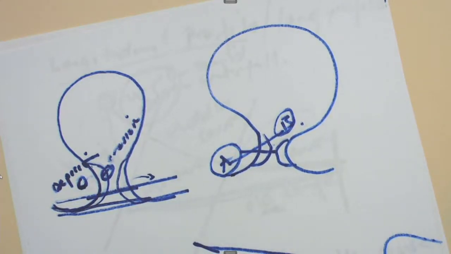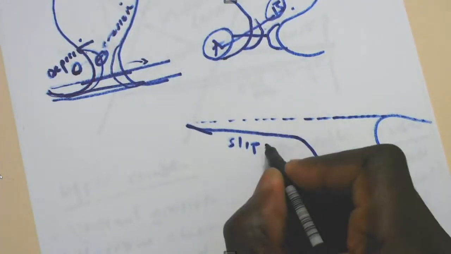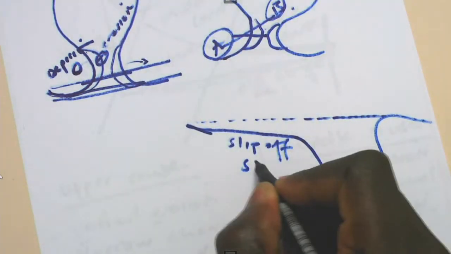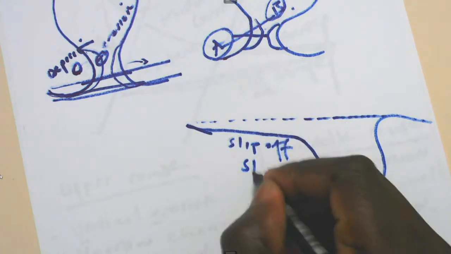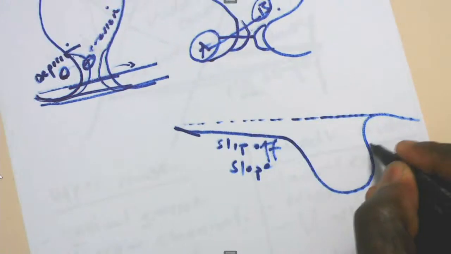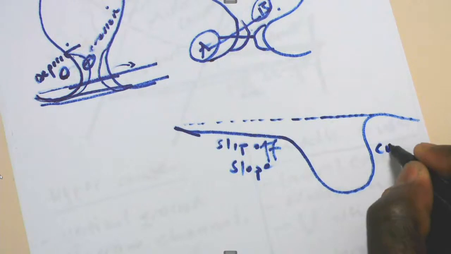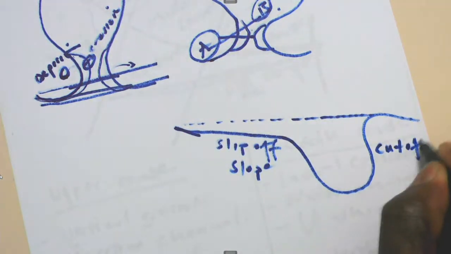See? So this one is a slip-off slope. Let's say water will be at this particular level. So you are having a slip-off slope, and the other one, this side, we're having a cut-off slope.